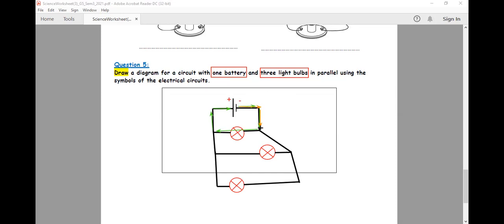This is the second loop, the second pathway through the second light bulb and back to the battery. Electrons flow from the negative side through the third light bulb and back to the battery. So there are 3 different pathways for the electrons to flow through.